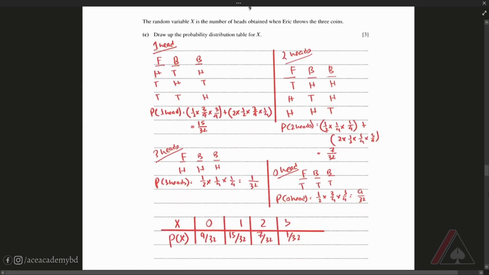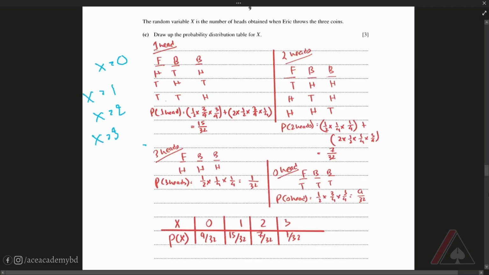The random variable in the number of heads obtained when Eric throws the 3 coins is X. So draw up a probability distribution for X. So the probability that we get no head, that we get 1 head, 2 heads, and 3 heads.